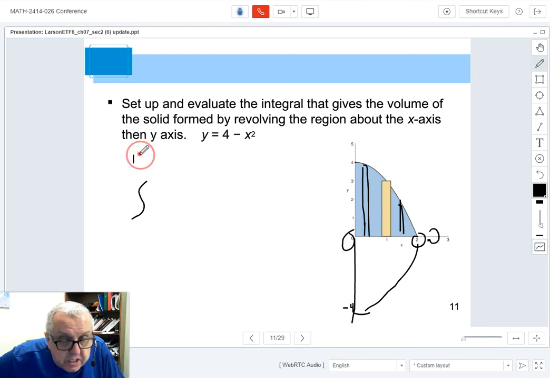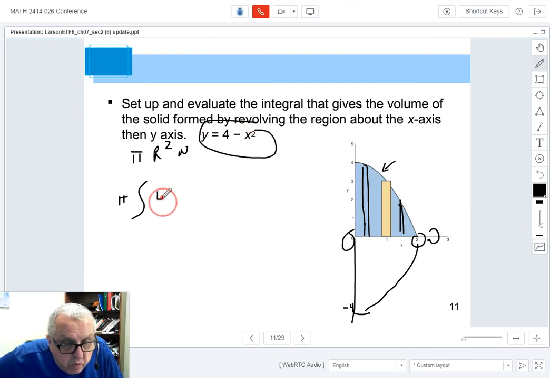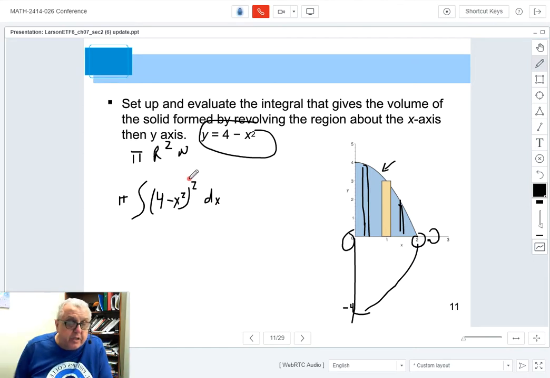The formula is pi r squared w. We put the pi outside. R is the actual function for the radius, and they give us the function here, 4 minus x squared. So that's R. We have to square it, times w, which is dx, because we're integrating around the x-axis.